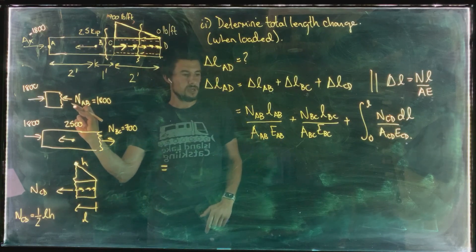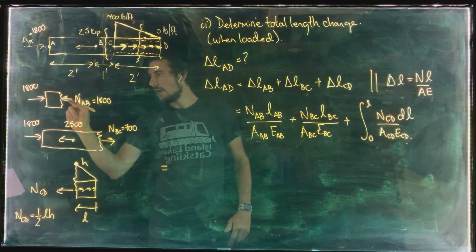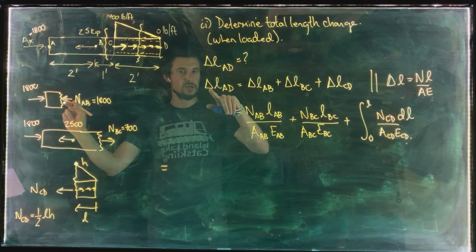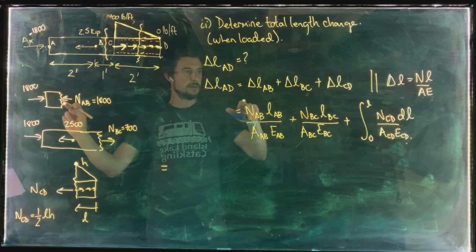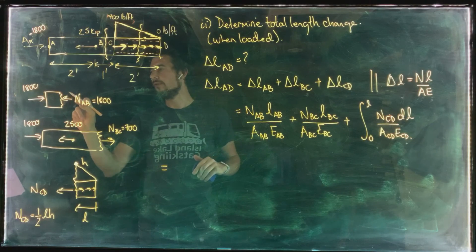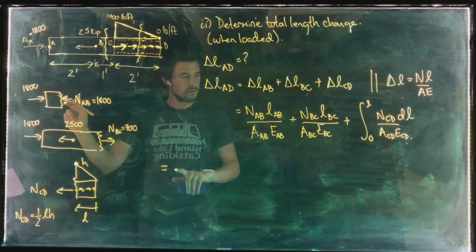Here's the normal force AB up here. It's 1800, but it's a compressive internal normal force, and the rule when you're doing change of length using superposition by adding things up is that you have to pay attention to whether the internal normal force is compressive or tensile. And if it's compressive, you make it a negative sign when you put it into the equation here, right?